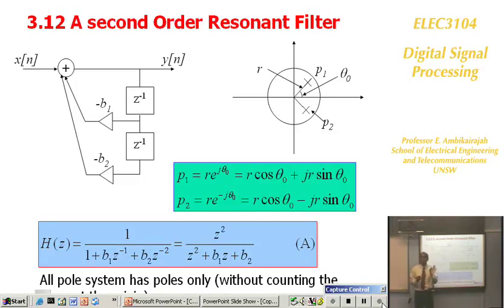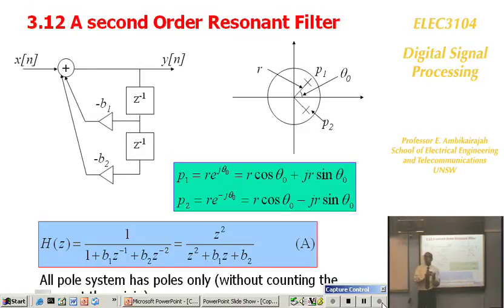So far, we've done two sections. One is minimum phase, maximum phase, mixed phase, and then all pass filters. If you reflect any zeros which are outside the unit circle to inside the unit circle, it becomes minimum phase.